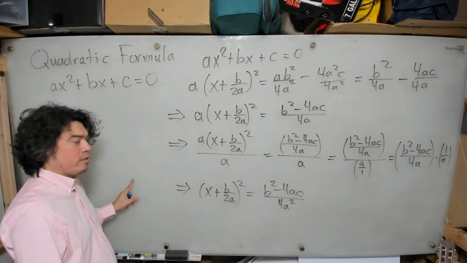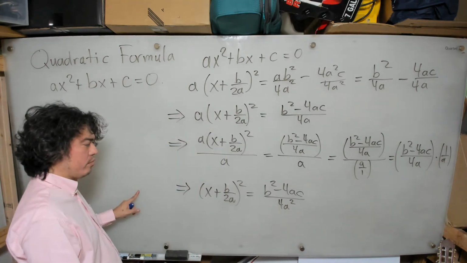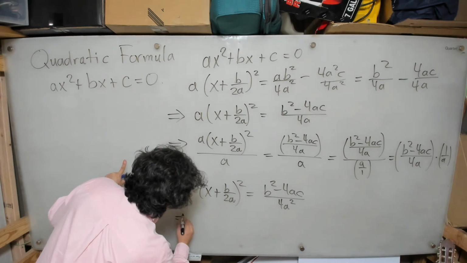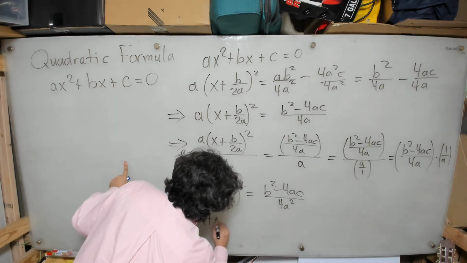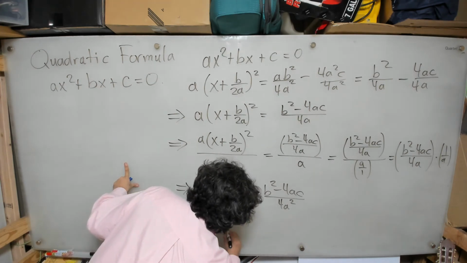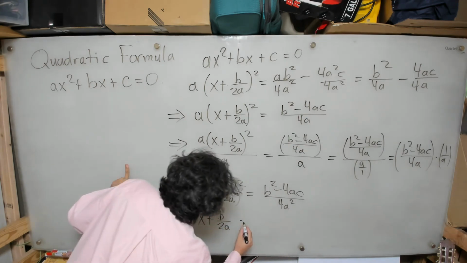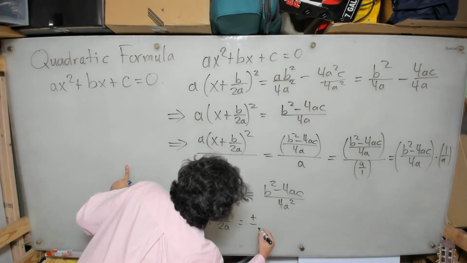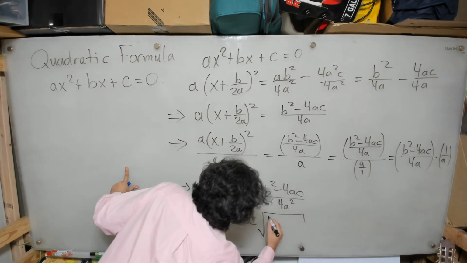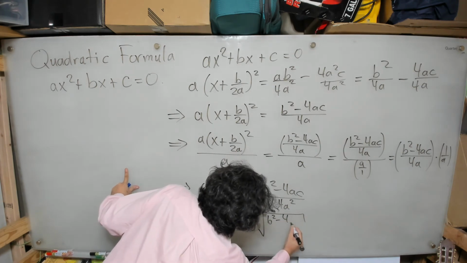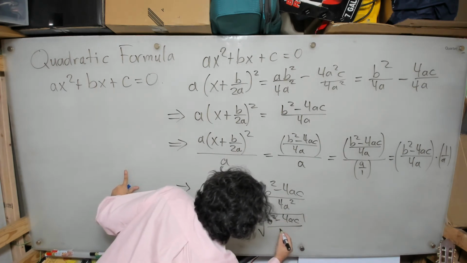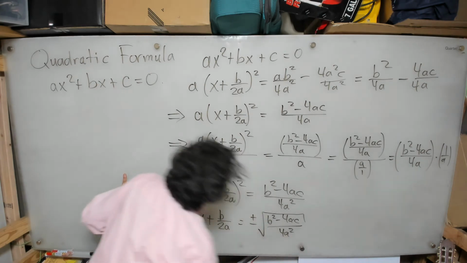Now what I'm going to do is I'm going to take the square root of both sides. Okay, so that's going to give me x plus b over 2a equals the plus minus square root of b squared minus 4ac all over 4a squared.